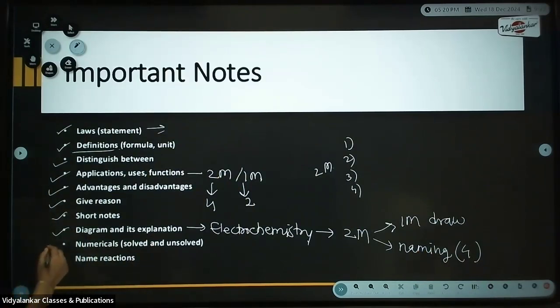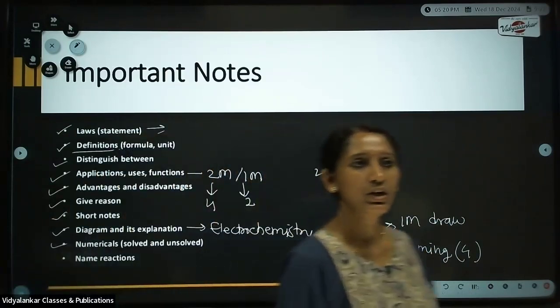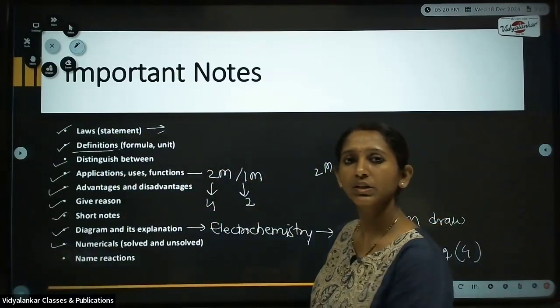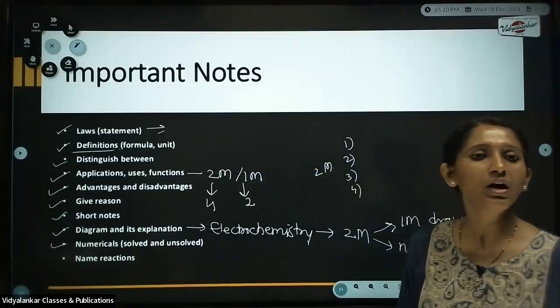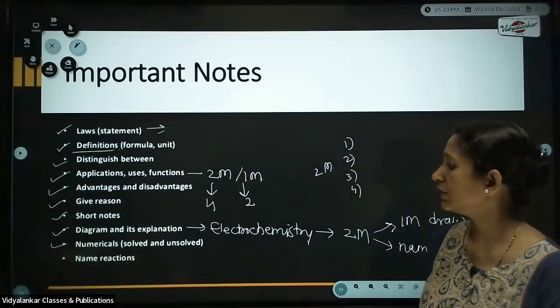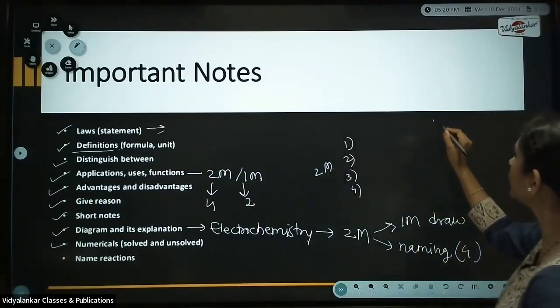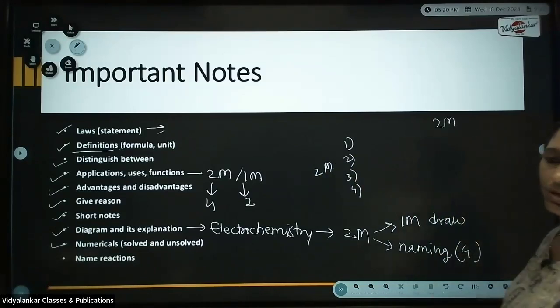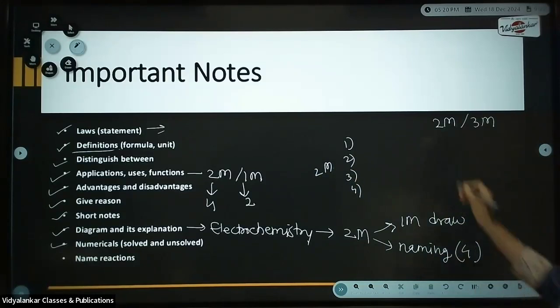Then next, numericals. For numericals we ask students to stick to the textbook. Go with the solved numericals as well as the unsolved numericals from the HSC textbook. If numericals are asked for 2 marks or 3 marks, what pattern to follow?